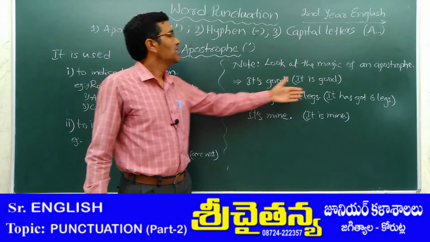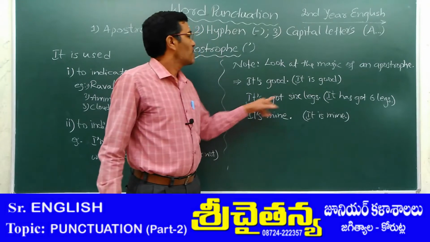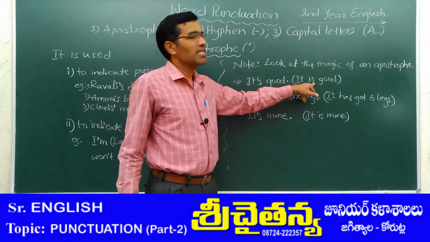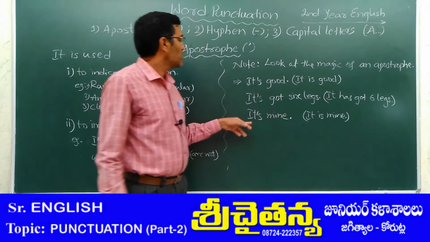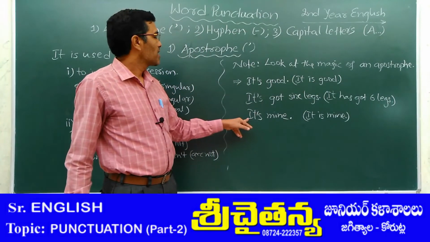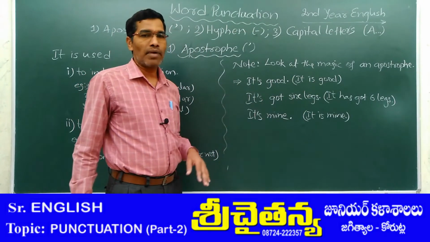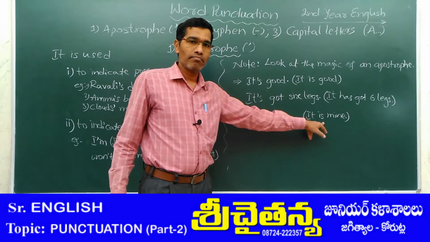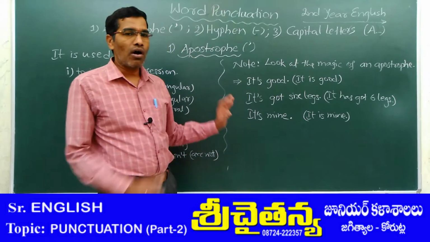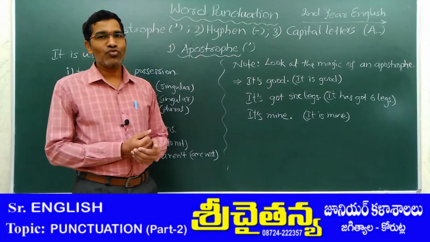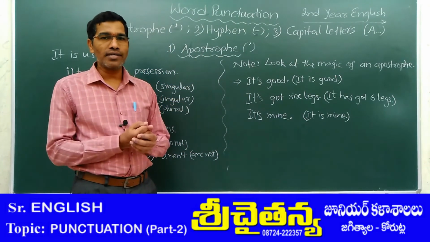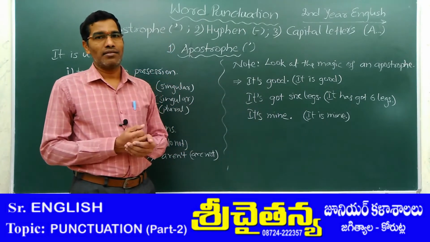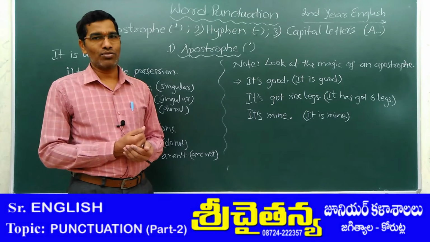Here it's refers to "has," whereas in the first case, S refers to "is." Again, this one also: "It's mine." S refers to "is." So according to the situation, according to the context, we have to work out what the S refers to.